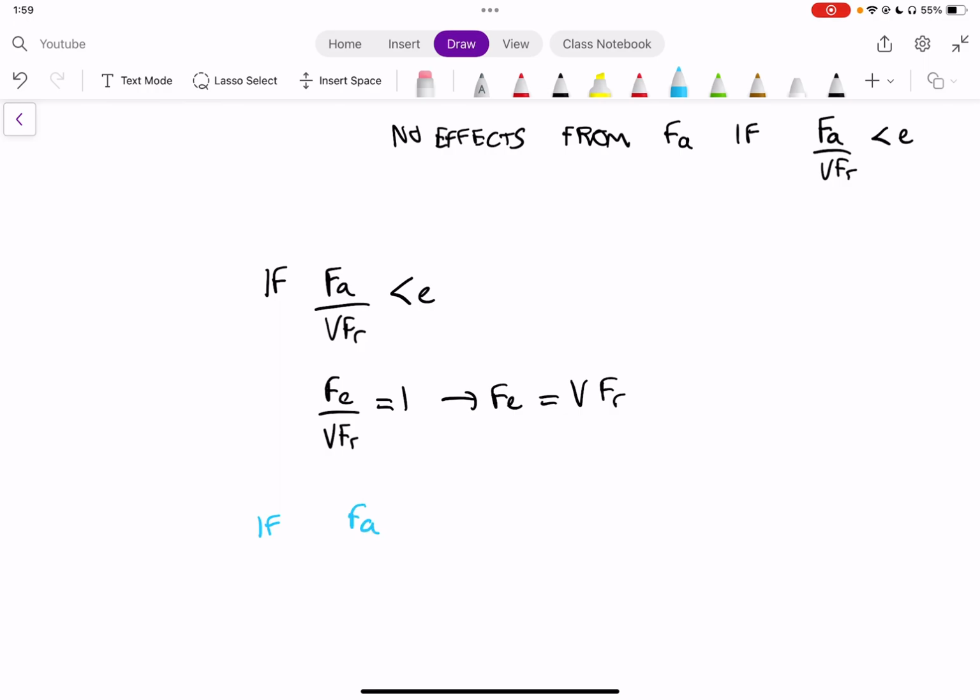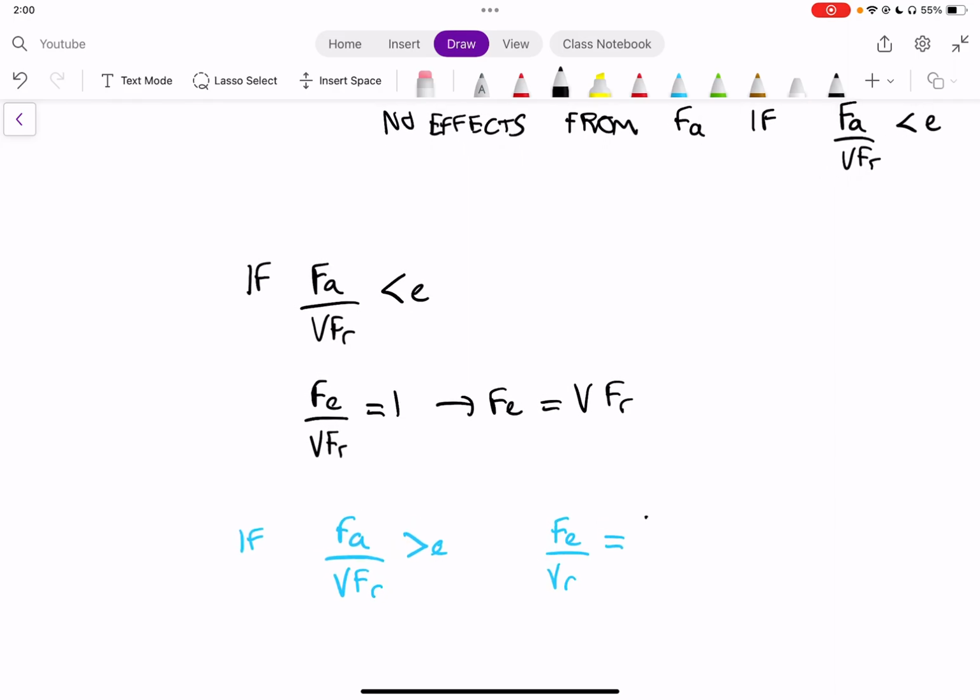If FA over VFR is greater than E, then FE over VFR is going to be equal to mx plus c, essentially, or the straight line equation. So the y term, which is FE over VFR, is equal to mx, where m, your slope, is capital Y. So we have capital Y times FA over VFR plus our x, which is going to be the intercept of our y line.